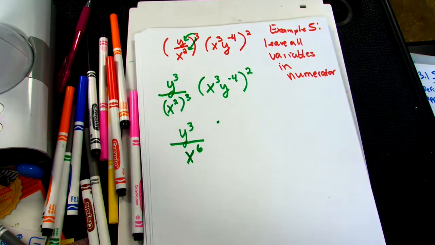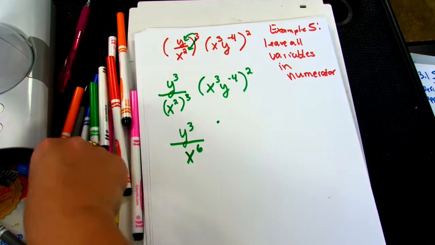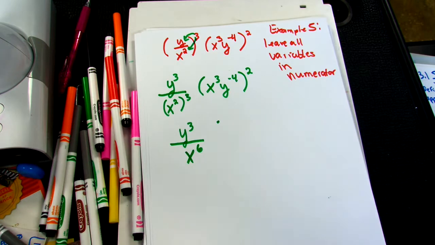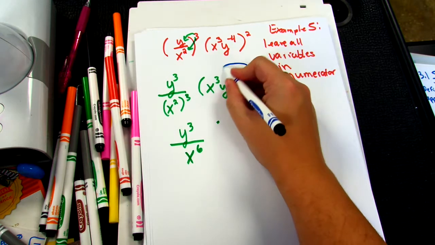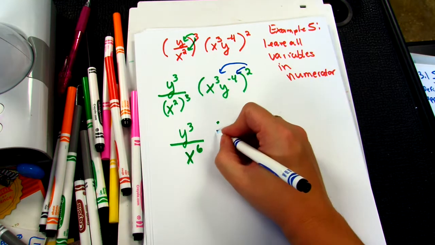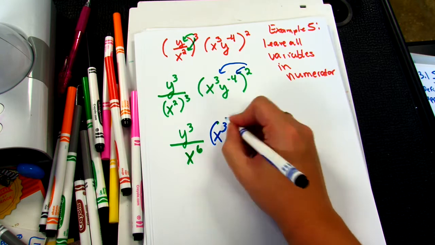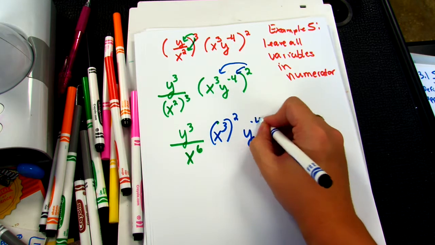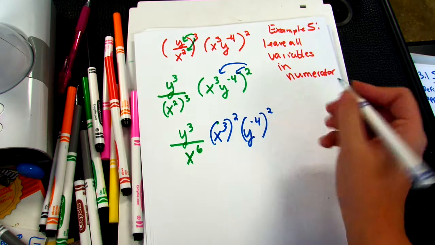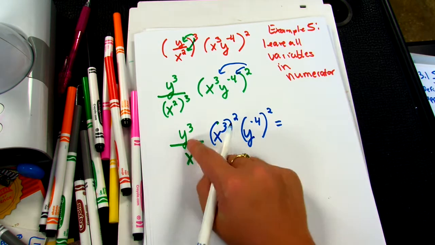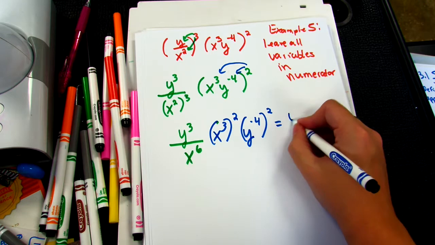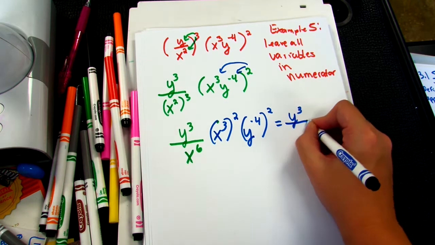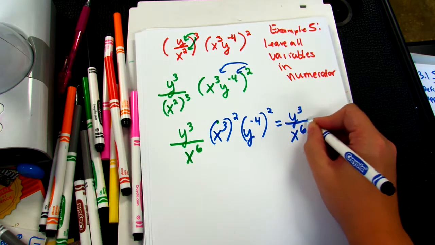Now that I've done that, I need to go ahead and distribute this 2. So now I'll have x to the third to the second, y to the negative 4 to the second. So this doesn't change, so this is y to the third over x to the 6th.